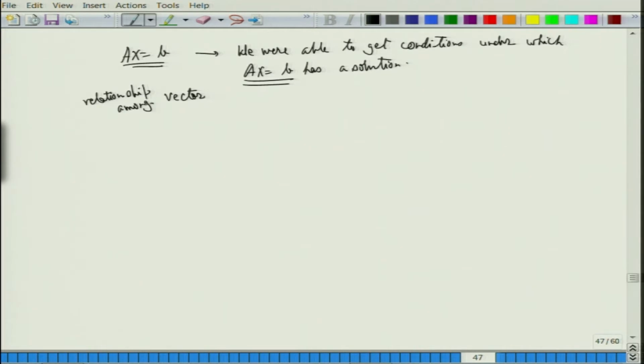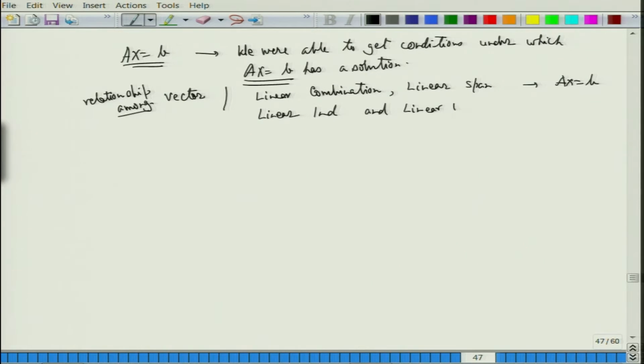And this led us to study what is called linear combination, linear span, related with Ax = b. Then there was linear independence and linear dependence. This was related with the unique solution of the system Ax = 0.